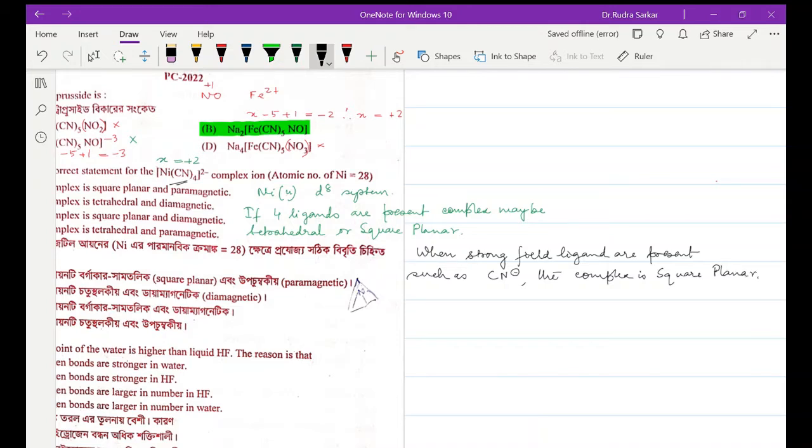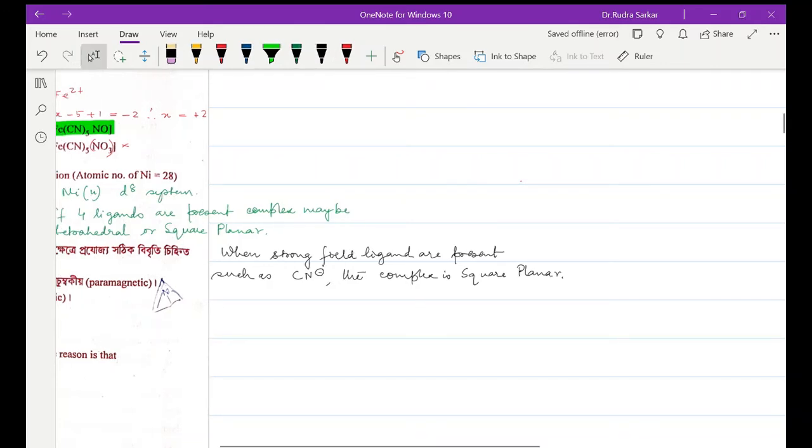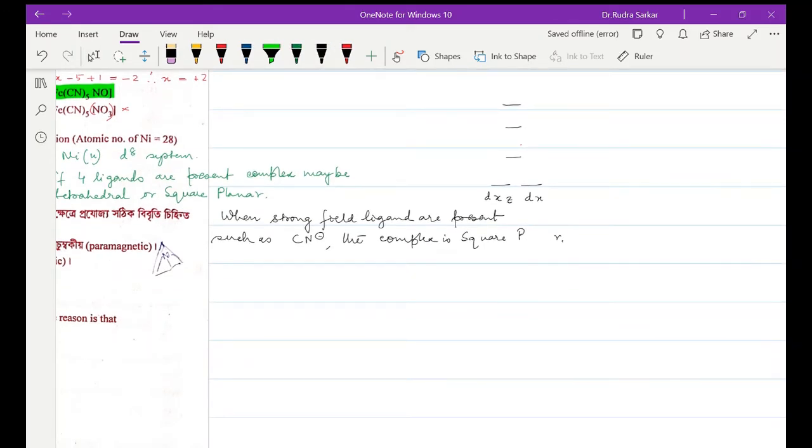obviously square planar. Now, that being the case, the square planar splitting is going to be something like as shown. This is dxz and dyz, this is dz square, this is dxy, and that will be dx square minus y square.